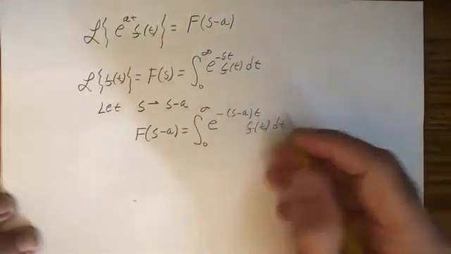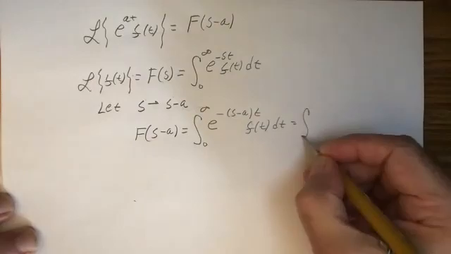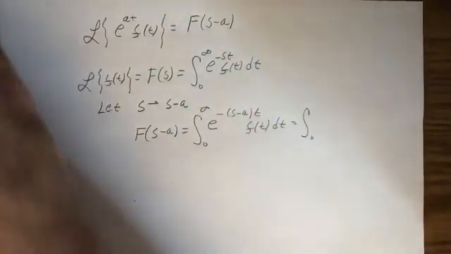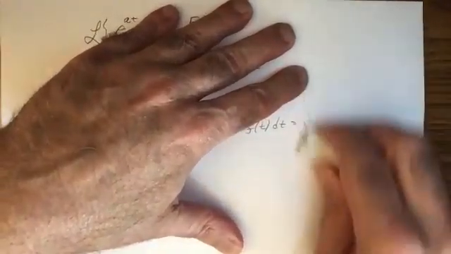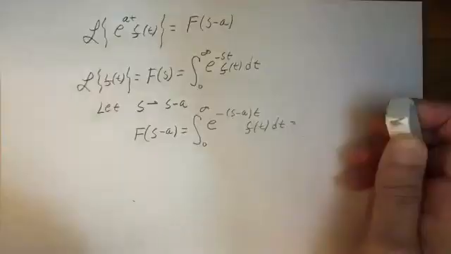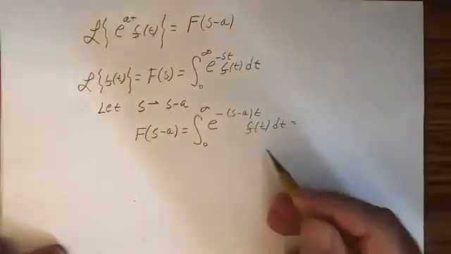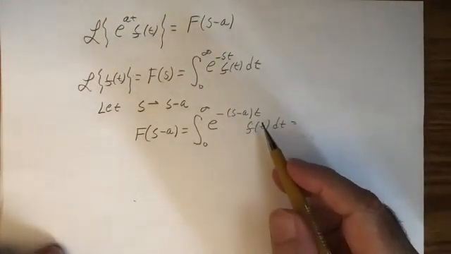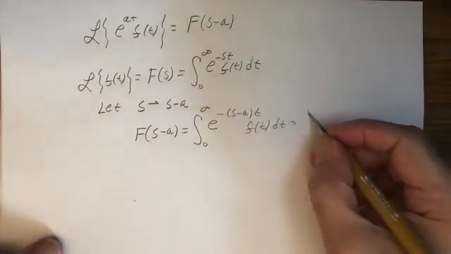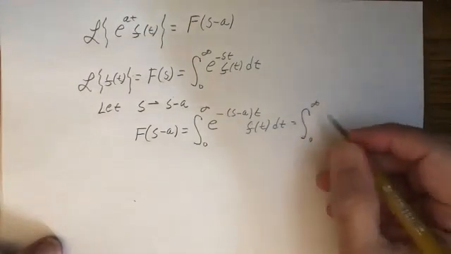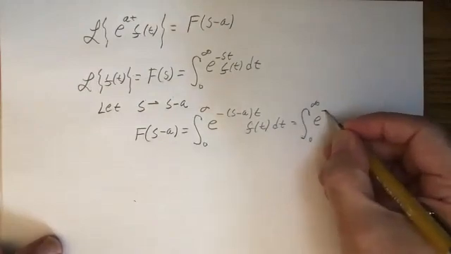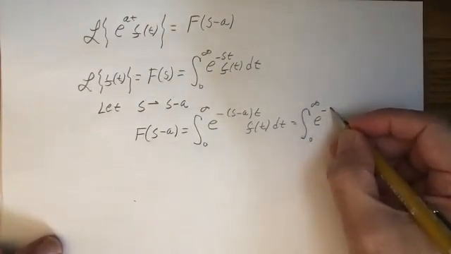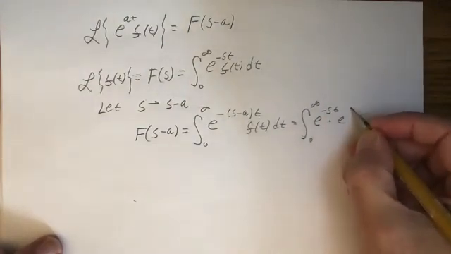Now I can write this like this. I think I can make it clearer than what's in my notes. Yeah, I can write this now as the integral of e to the minus st and then times e to the at, times f of t.